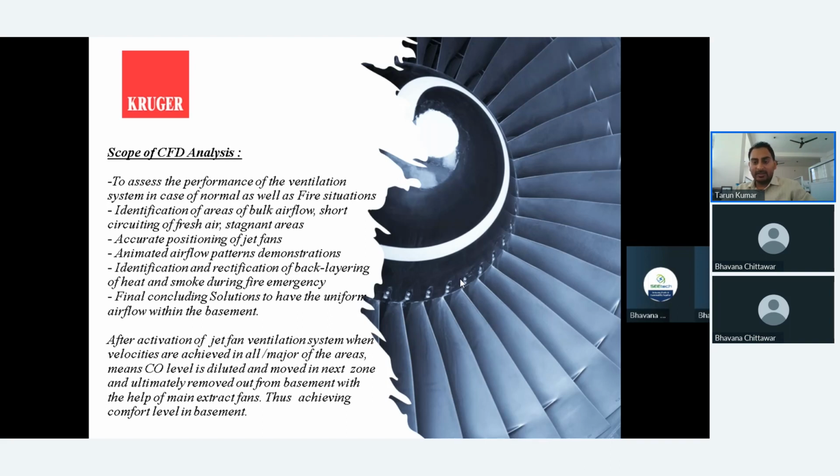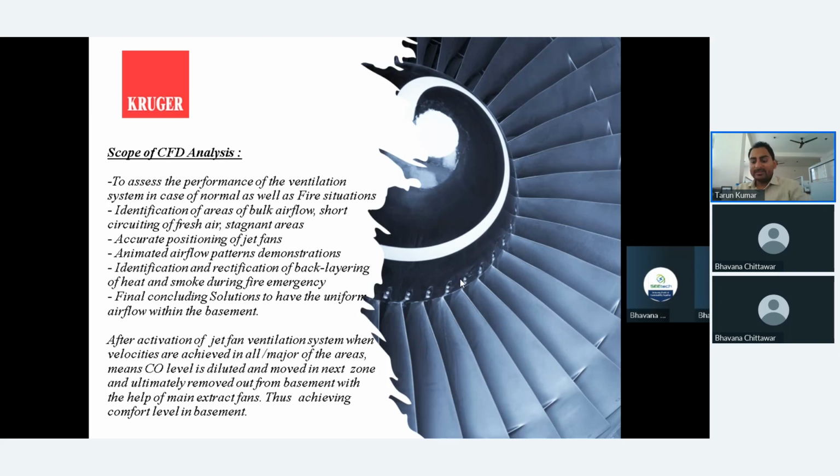We also do accurate positioning of the jet fan. Jet fan always works on a pull and push system. Wherever fire happens, the signal goes through the CO sensor to the panel, and the jet fan at that particular location will be switched on.